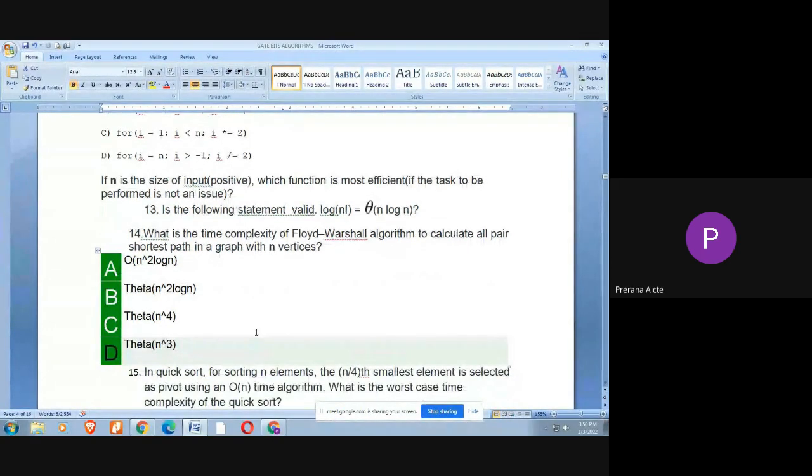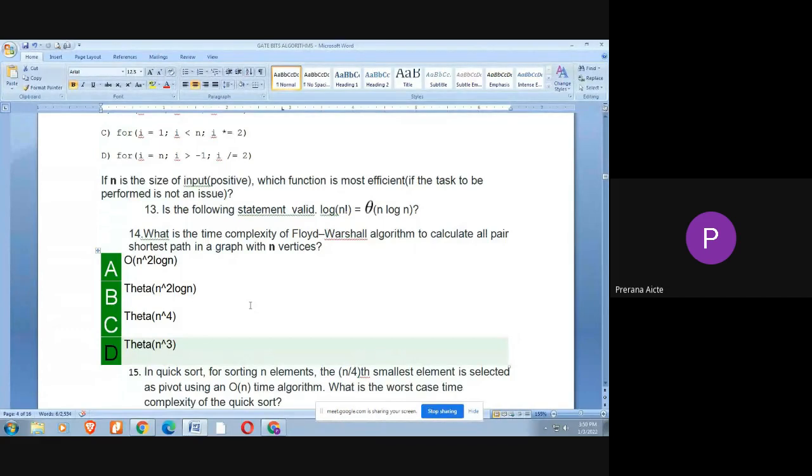What is the time complexity of Floyd-Warshall algorithm to calculate all pairs shortest path in a graph with n vertices? When we go through that algorithm, it is going to have 3 nested loops in order to calculate all pairs shortest path for the given graph with n vertices.